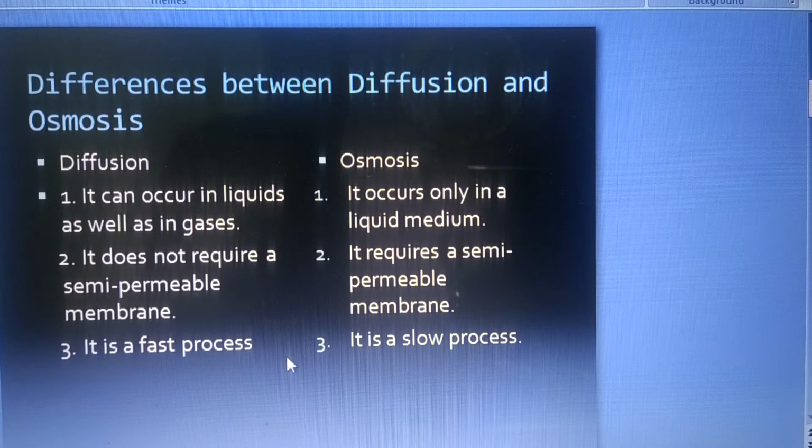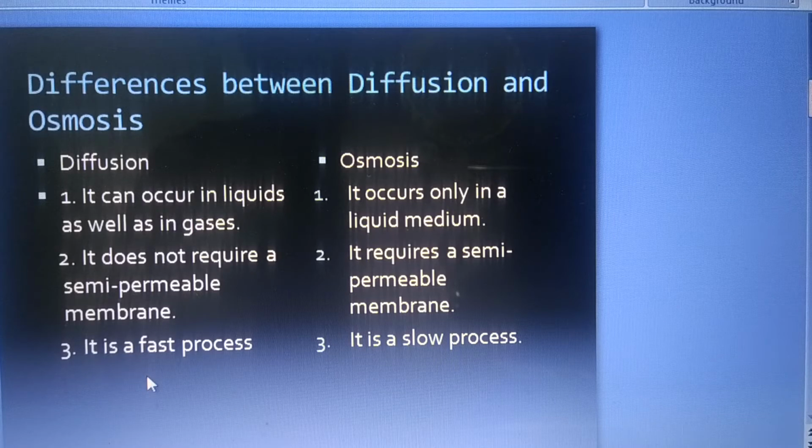Hope you understand this. I told you about the movement of agarbatti smoke when you are lighting it, and you can feel the smell in another place also. That is, the movement of those molecules is taking place very fast, and that does not require any semi-permeable membrane.